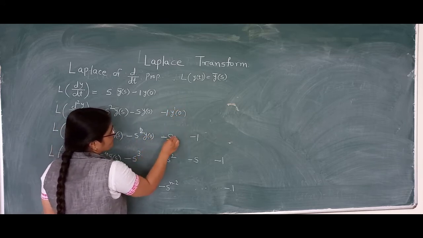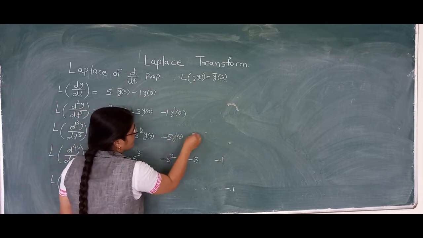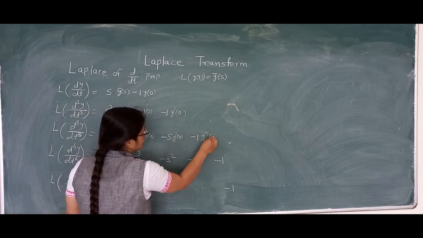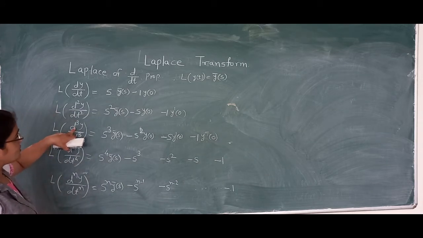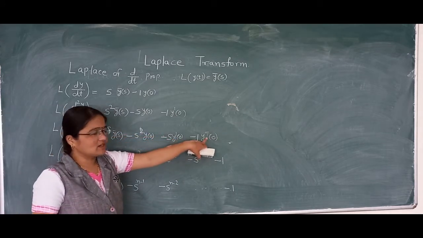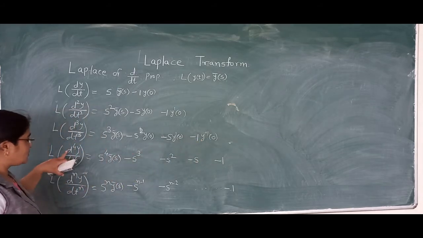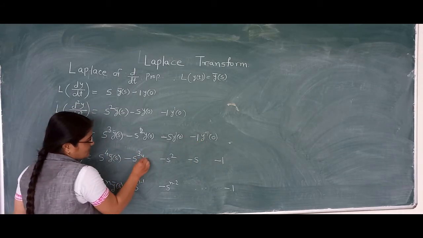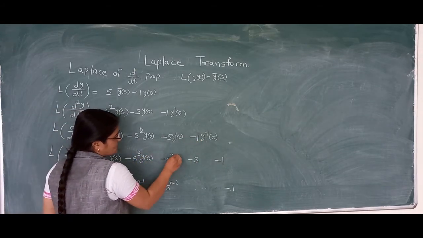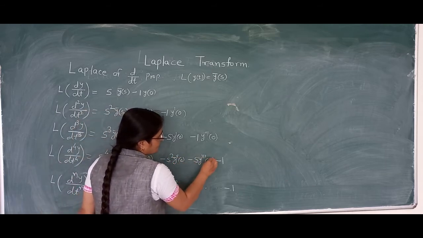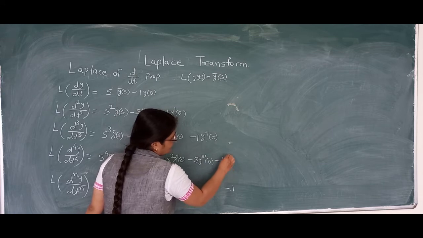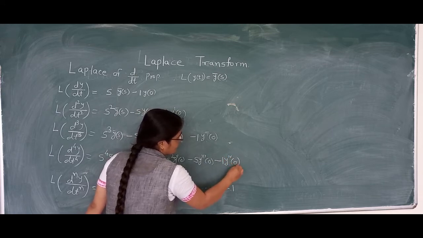If the third order derivative is there, you have to write up to y double dash. If the fourth order derivative is there, then it is y of 0, y dash 0, y double dash 0, y triple dash 0.